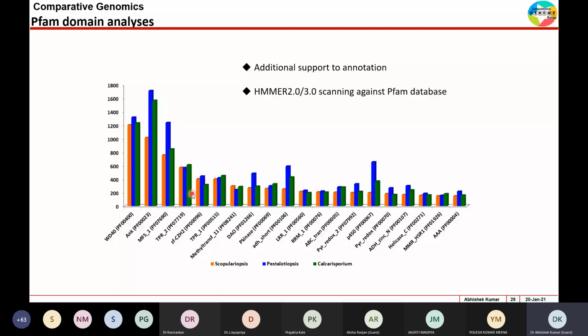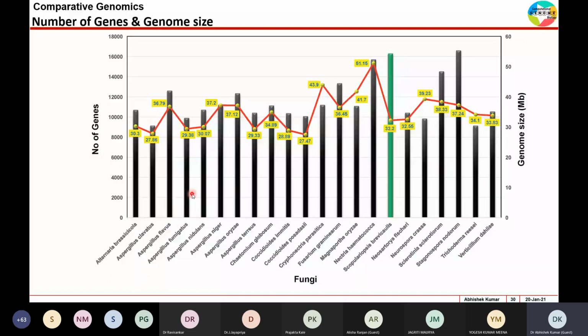And then when you're reporting the genome analysis, you are also comparing with other species what their genome size is and what their gene numbers are per species. The green one is the one we have covered, and its genome size is 32 MB, but the number of genes is much higher than the one from Nectria, which has a 51 MB genome but fewer genes.